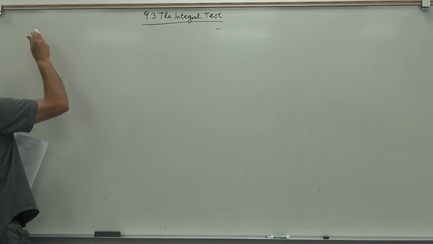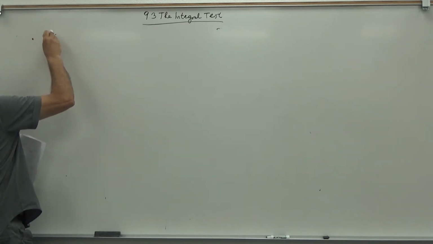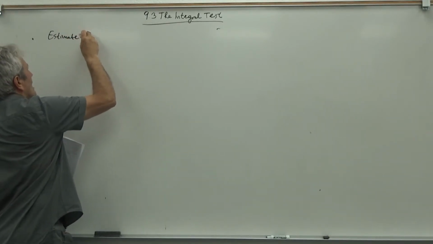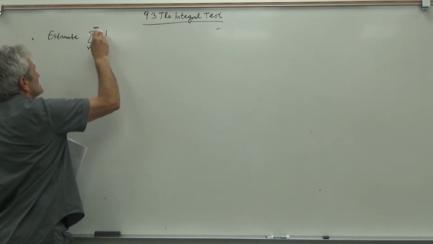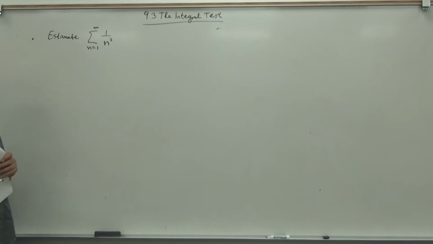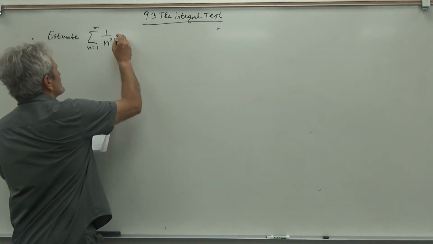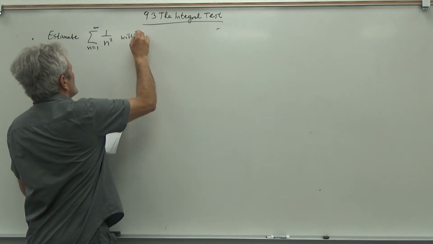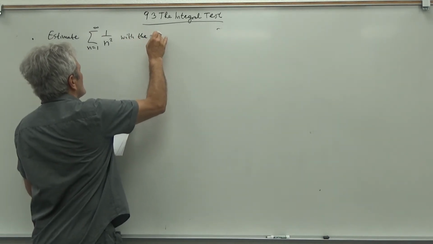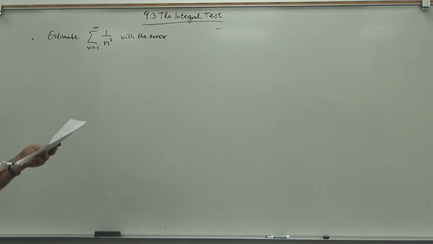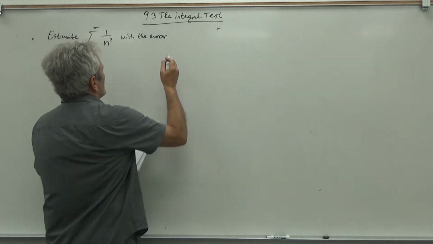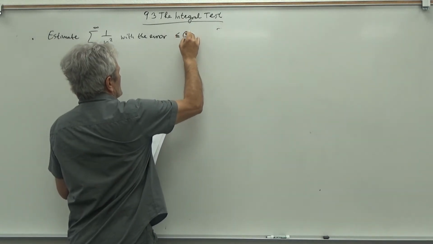Let's estimate the sum n goes from 1 to infinity of 1 over n squared with the error less than or equal to 0.1.